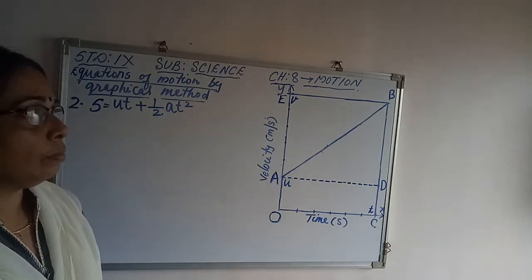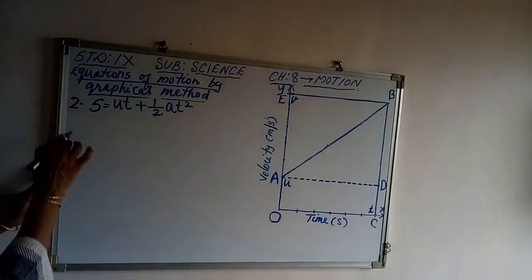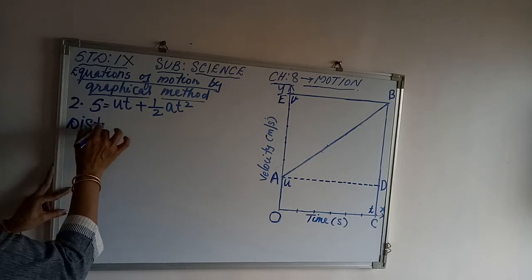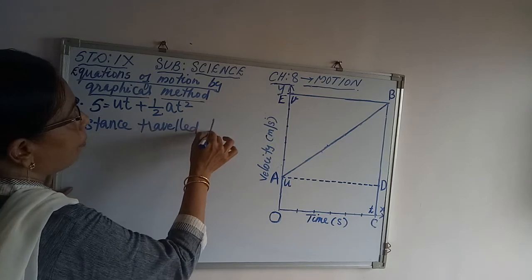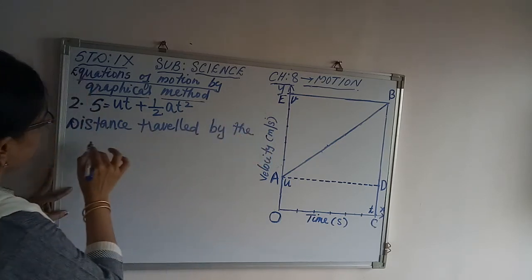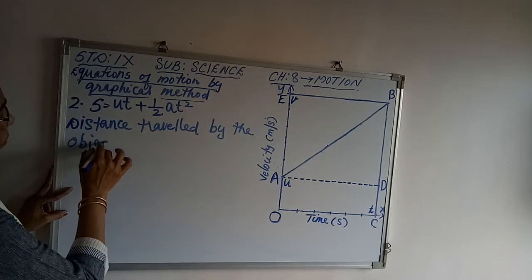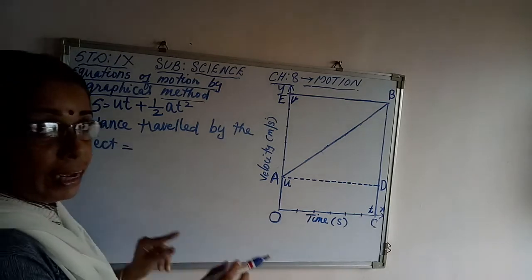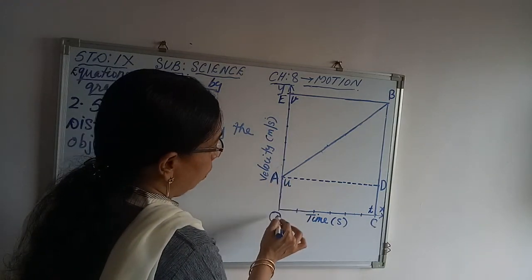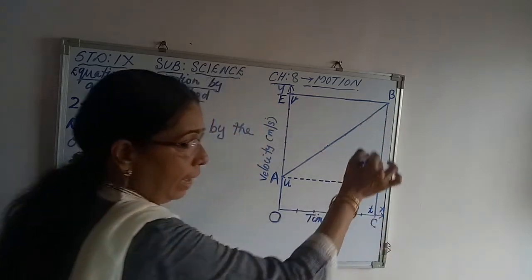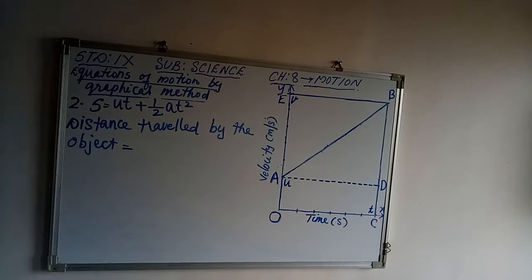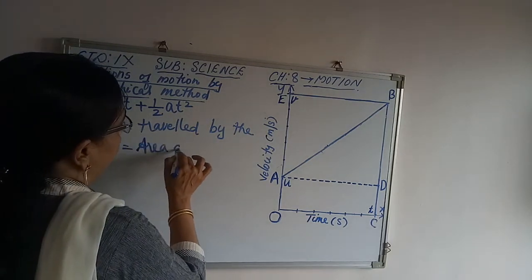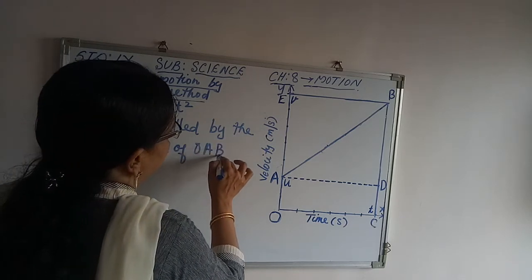So here, the distance travelled by the object is equal to the area enclosed by the graph OABC.